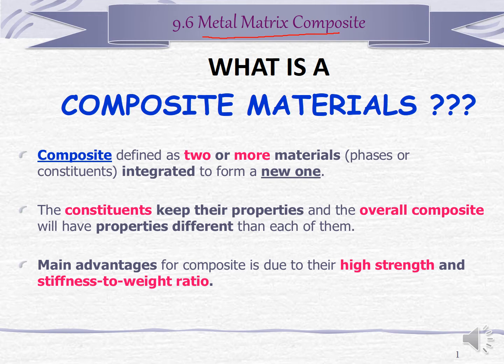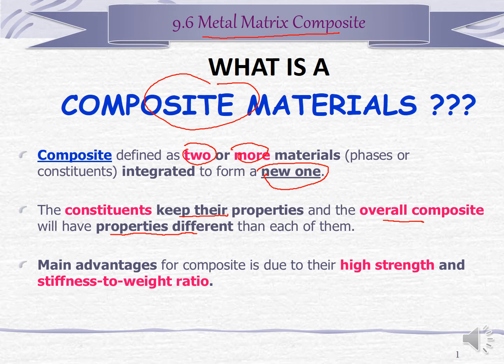What is a composite material? Composite is defined as two or more materials, phases or constituents integrated to form a new material. The constituents keep their properties, and the overall composite will have properties different from the properties of each of the materials.